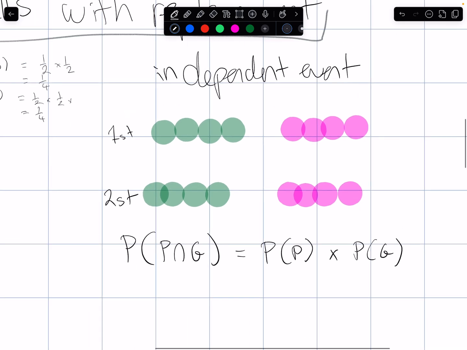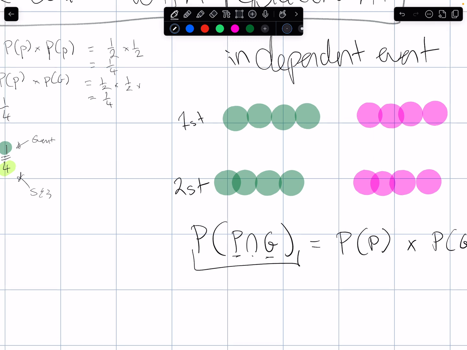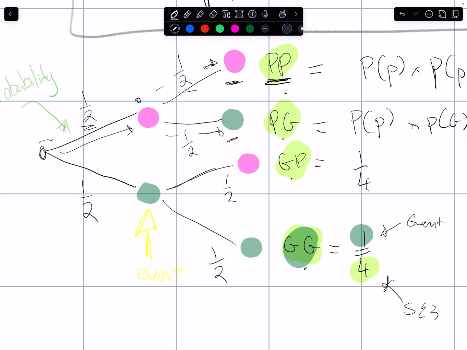So what does this bit here mean? Well, this is saying I've gotten a pink and a green, right? Now remember, this little sign in here means and. And when we're talking about it in terms of two-step equations, it is representing where both happen. So here I'm looking at pink and green.